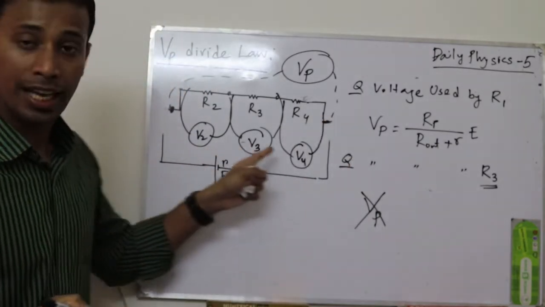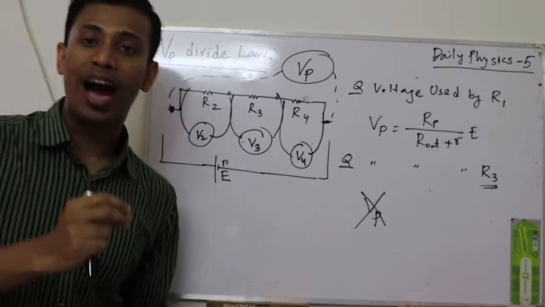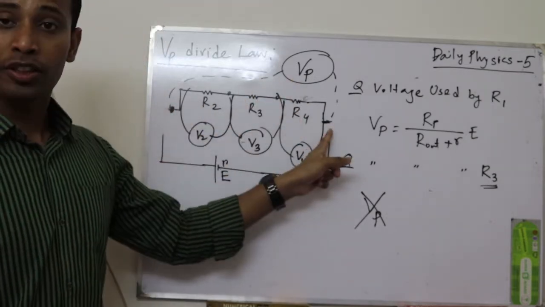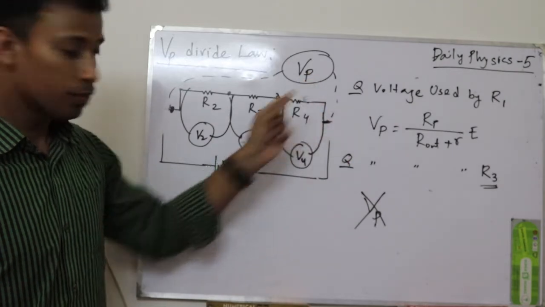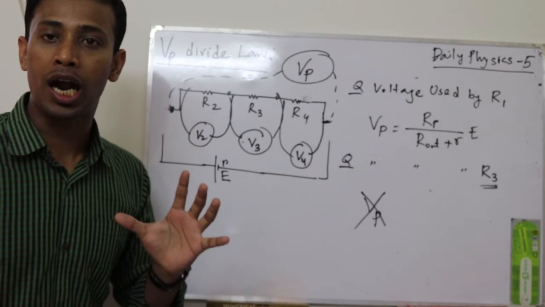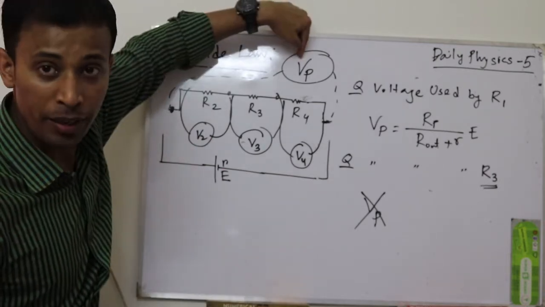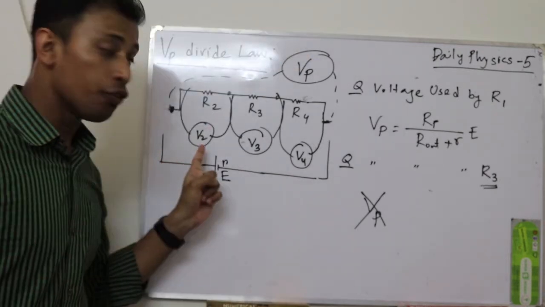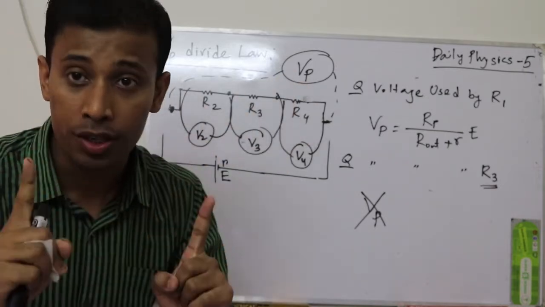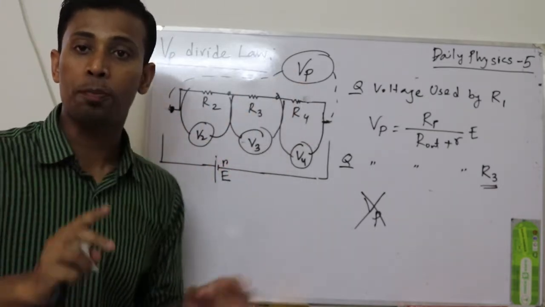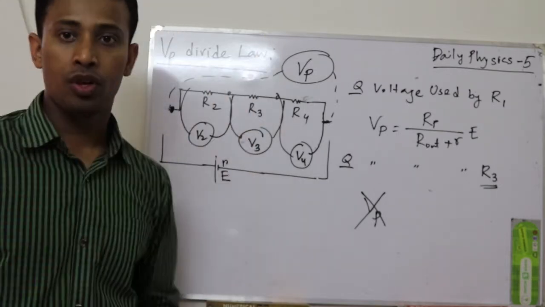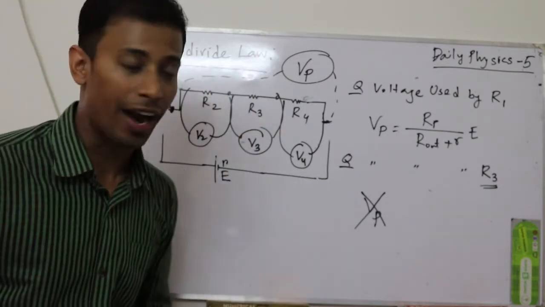These voltages are being divided from Vp, because between these 2 points the voltage is Vp, so V2, V3 and V4 all come from Vp. To get V2 we have to divide Vp, because V2 is not part of E, the total EMF, but a part of Vp. So how do we get the Vp divide law?